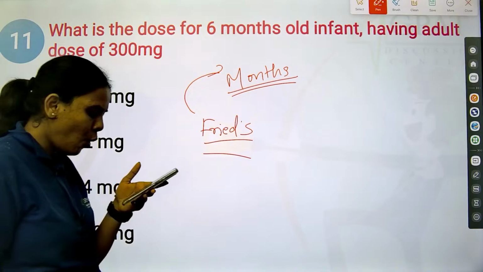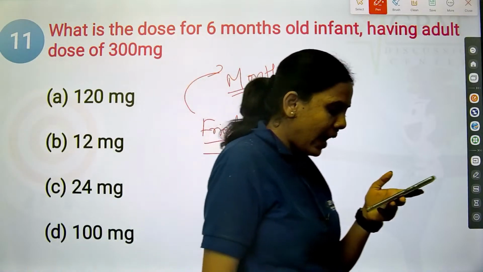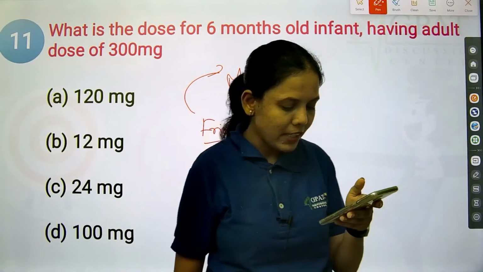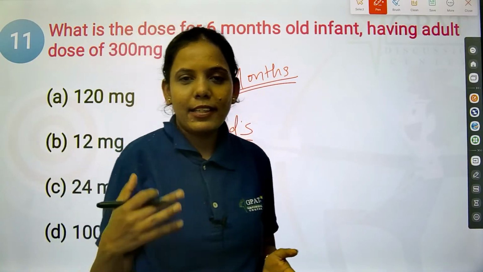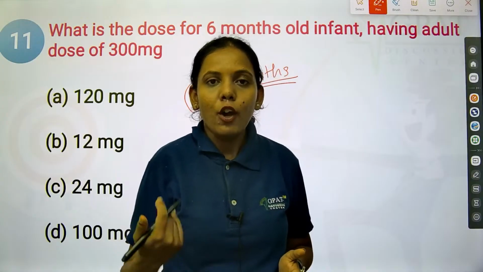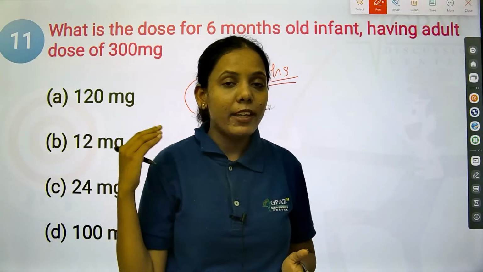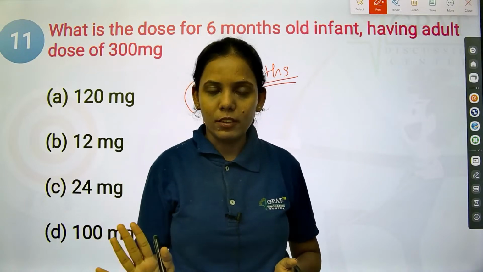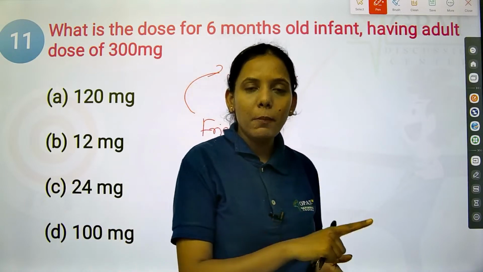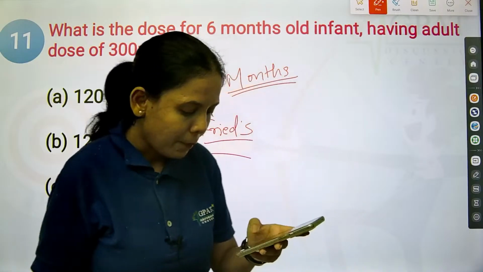Not Young's formula. Vijaya, I think you are clear now. Fried is very good, Prasanna, Sana. Remember this trick, simple. Fried means what? It sounds like you are eating some fried food, right? So something you have been given that, okay, we have to eat the fried food once in a month. So when age is given in months, you have to use Fry's formula, okay?